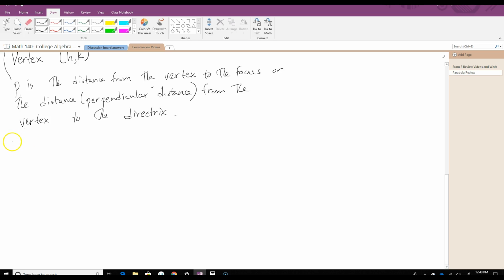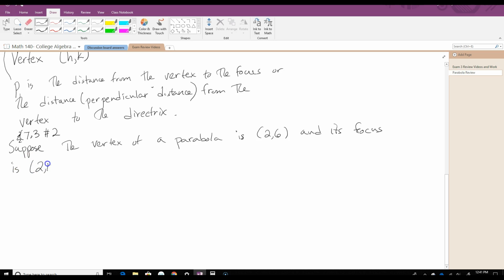Let's say, for example, and by the way, this is 7.3, number 2. Suppose the vertex of a parabola is (2, 6), and its focus is (2, 15).